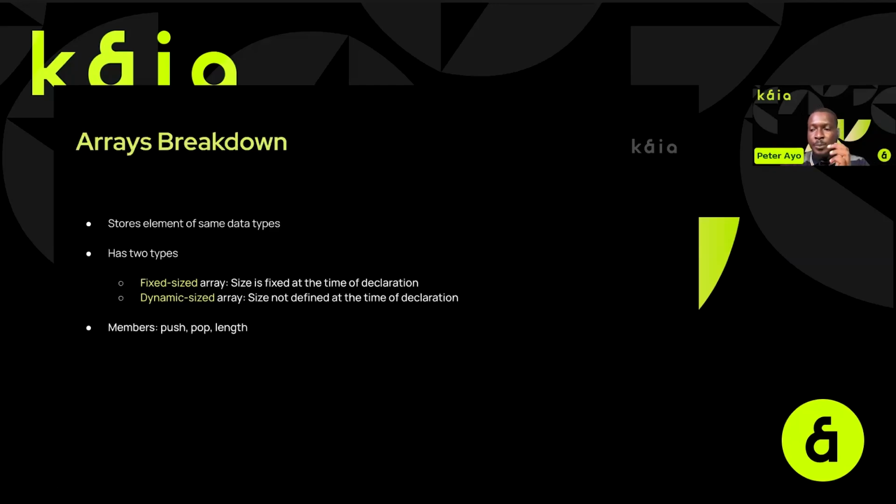Also, the members of an array, just like every other programming language: push is to add a new value to the end of the array, and pop is to remove the last value from the array list, and length returns the length of the array.